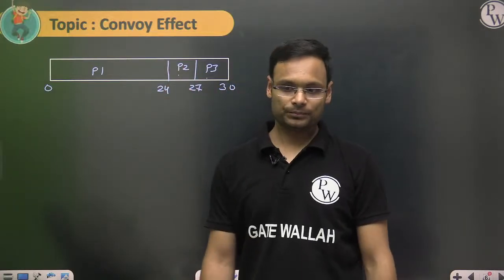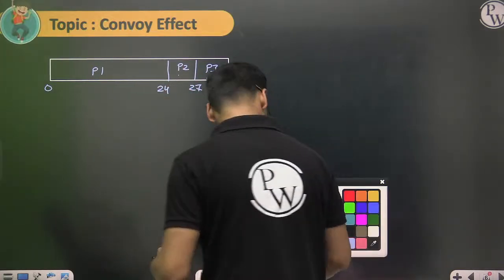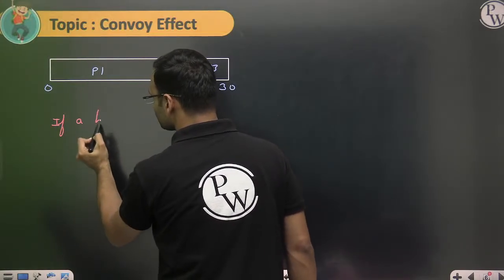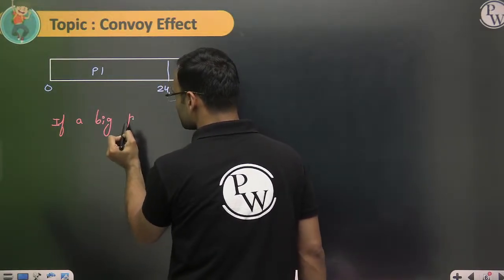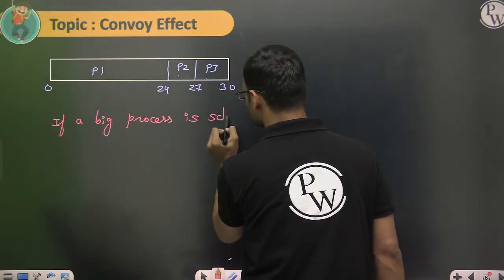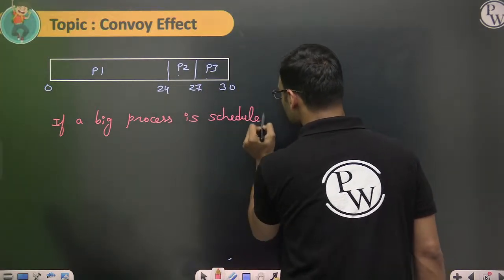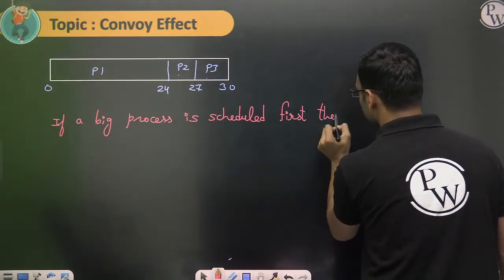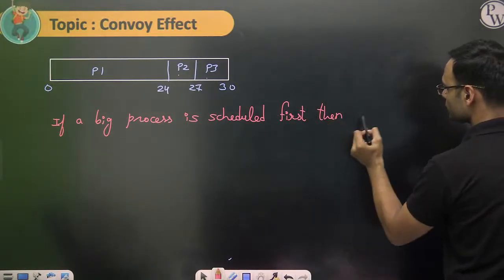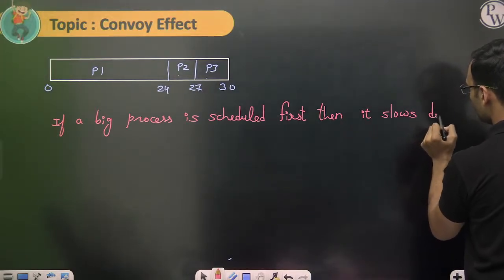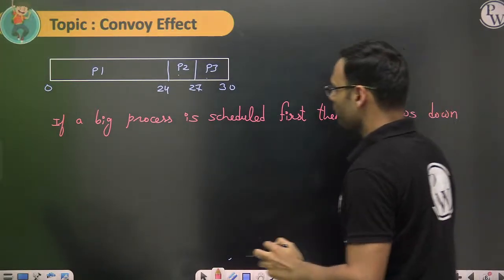Convoy effect. So I'll write certain things about this. If a big process is scheduled first, then it slows down the system's performance.